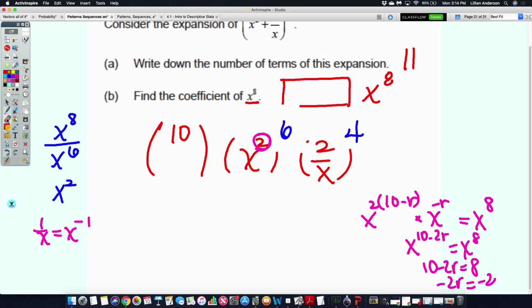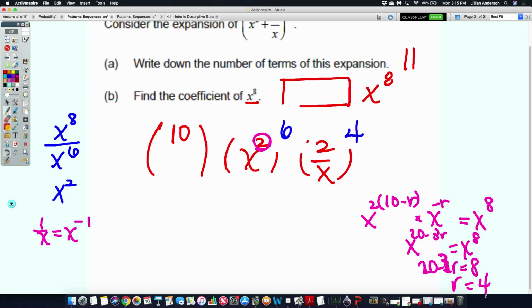So that turns into 20 minus 2r, that gets added to a negative r, so that turns into 20 minus 3r. And then we just do the same thing we did, but now it's correct. So subtract 20, what do you get? R equals 4, and that is what it was.